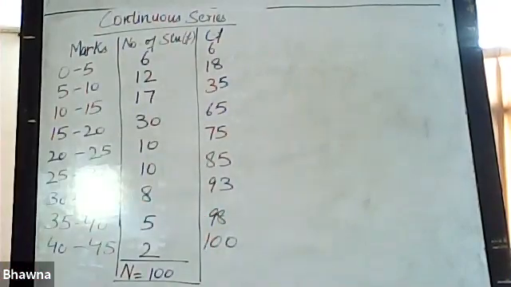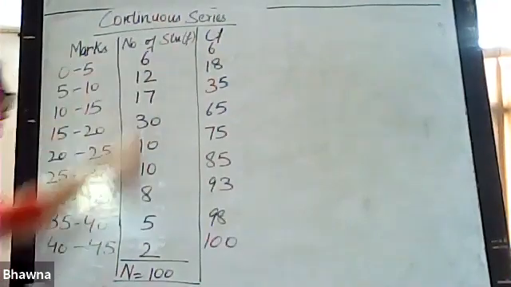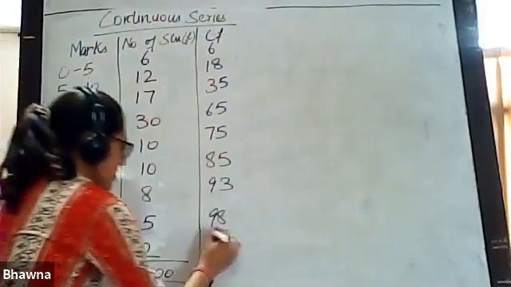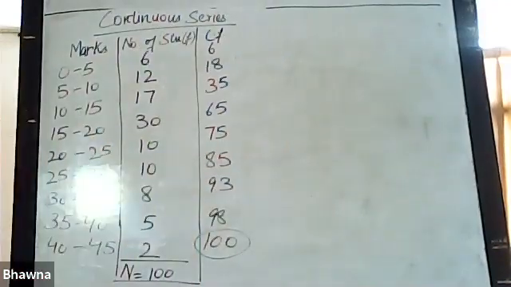You can see the number of students is equal to 100, and the CF's last value is also 100. Right?